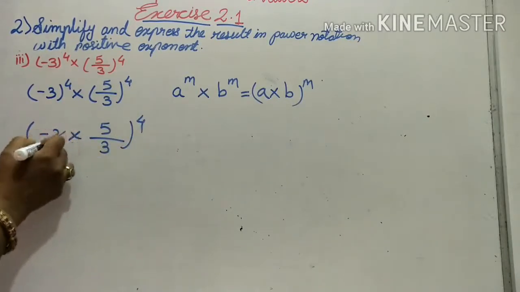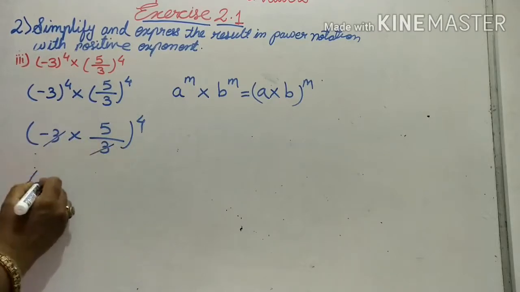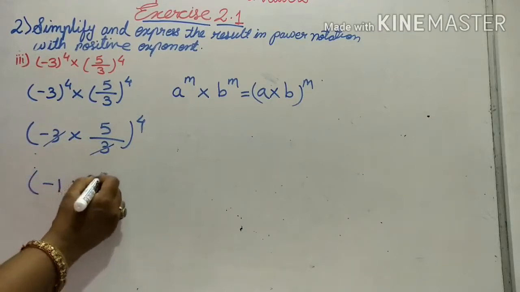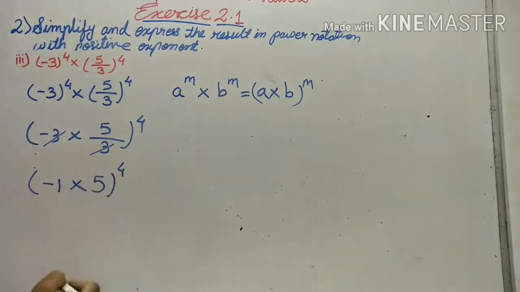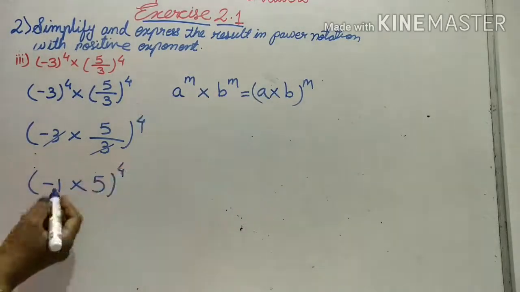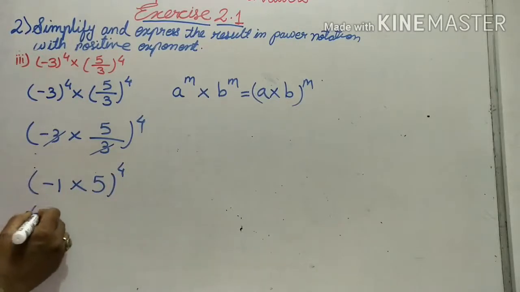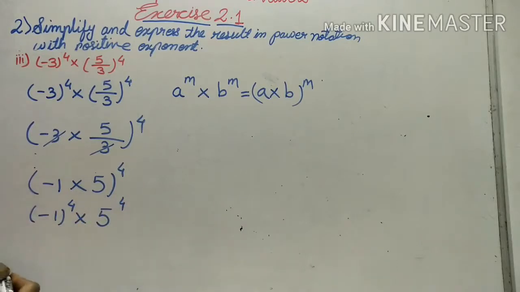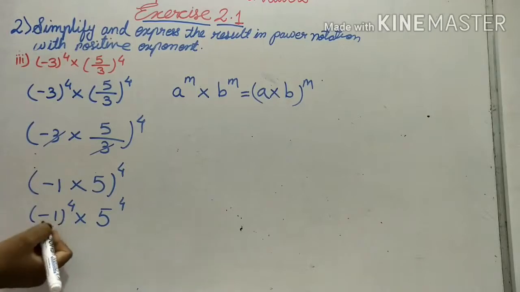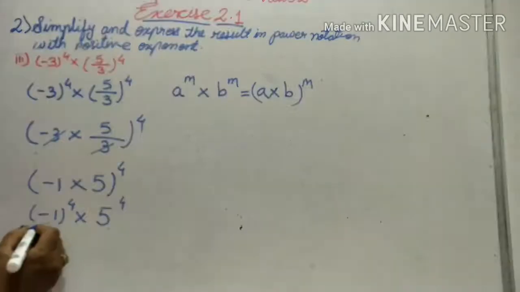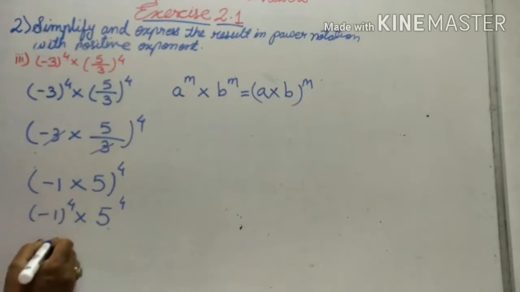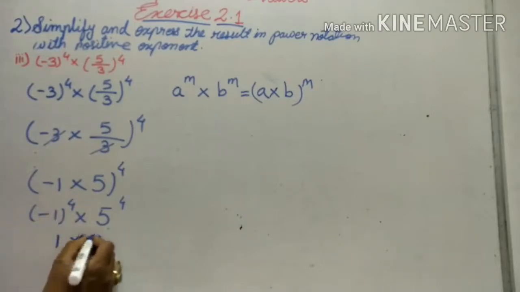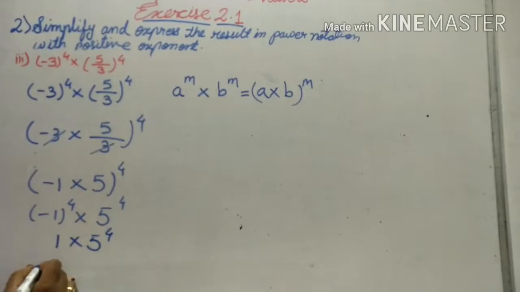Cancellation is possible, this 3 cancelled. What remains is minus 1 into 5, raised to 4. We know that any negative number multiplied an even number of times becomes positive. So minus 1 raised to 4 becomes 1 into 5 raised to 4. Therefore, the answer is 5 raised to 4.